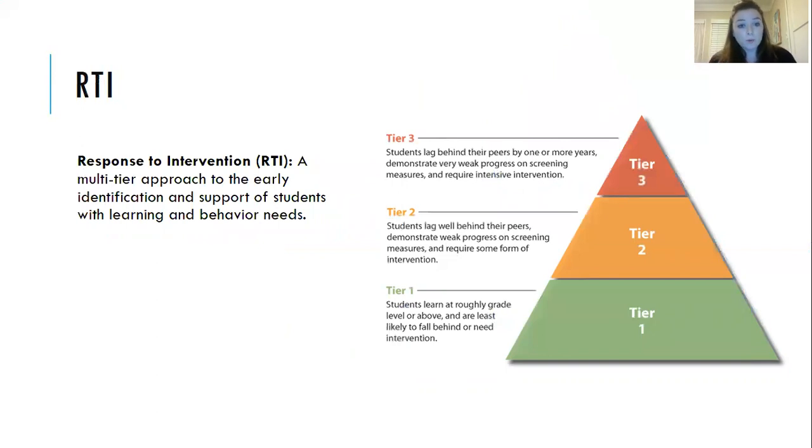Tier 2 is when there are a few students that might lag a little behind their peers, and so they need some minimal to moderate intervention strategies to get them up to grade level. And tier 3 is when students are really far behind their peers by 1 or more years. At this level, a child will require extensive amounts of intervention, and if a child's in tier 3, then they should be considered for special education services.